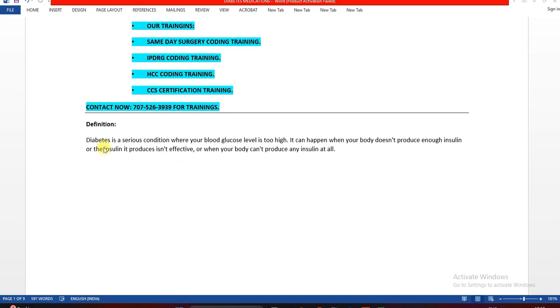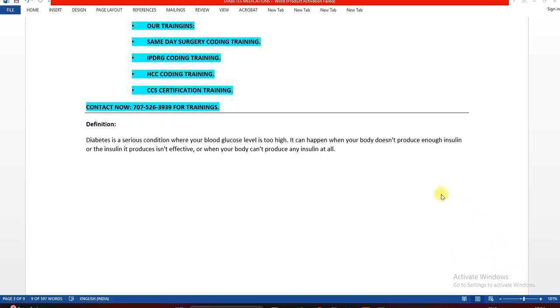So what is diabetes mellitus? Diabetes mellitus is a serious condition where your blood glucose is too high. Whenever our blood glucose is too high, usually we call it diabetes. In documentation, you will see it as DM or diabetes mellitus.